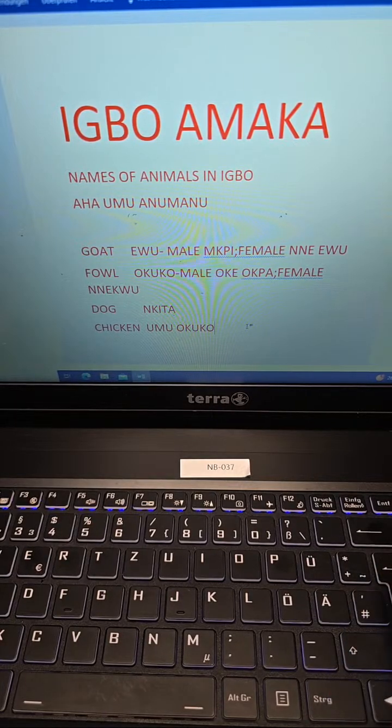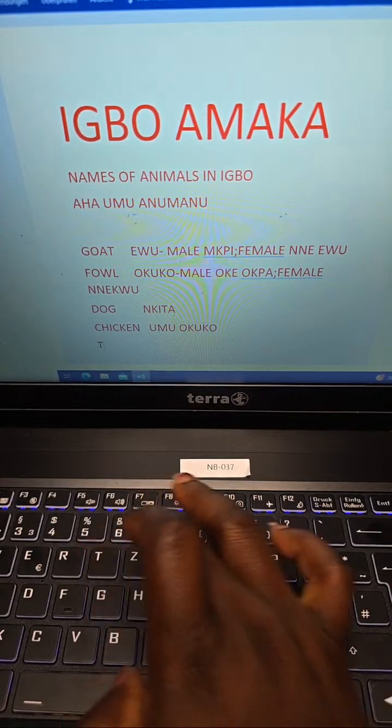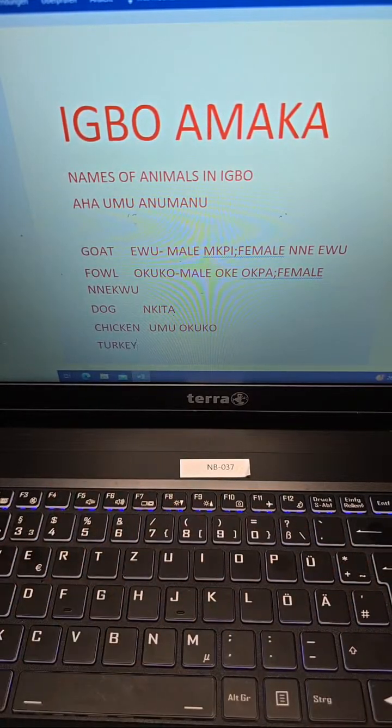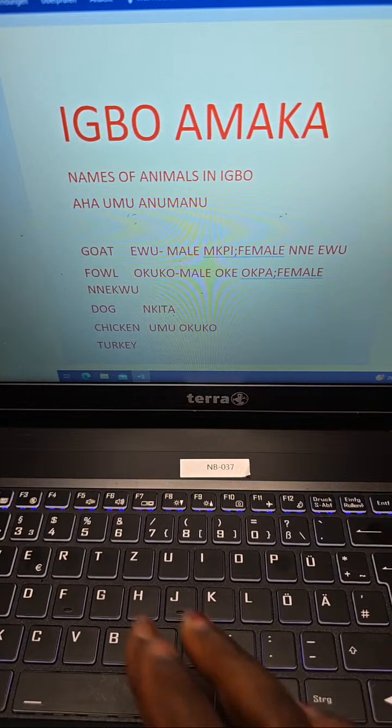Then we'll have the turkey. The turkey in Igbo language is known as toro toro.